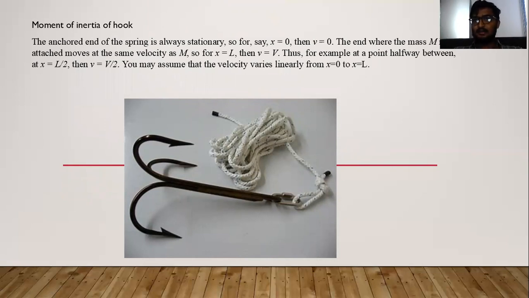Then the end where the mass m is attached moves at the same velocity, so for x equal to L, small v is equal to capital V. For example, at the point halfway, at x equal to L by 2, small v is equal to V by 2. You may assume that the velocity varies linearly from x equal to 0 to x equal to L.